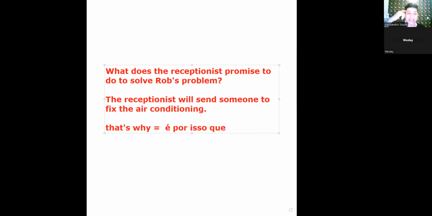Just for you to retain this new vocabulary, if your car is broken, who can fix your car? The mechanic. Okay. If your arm is broken, who can fix your arm?